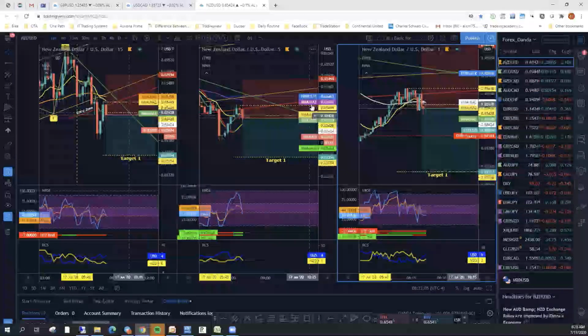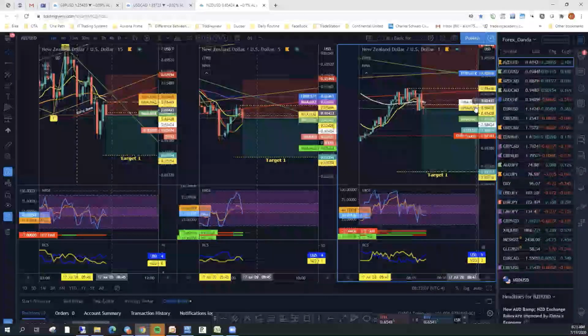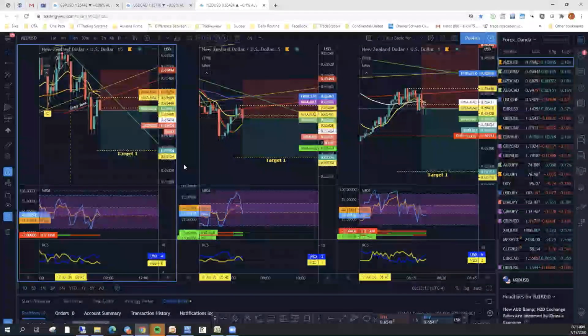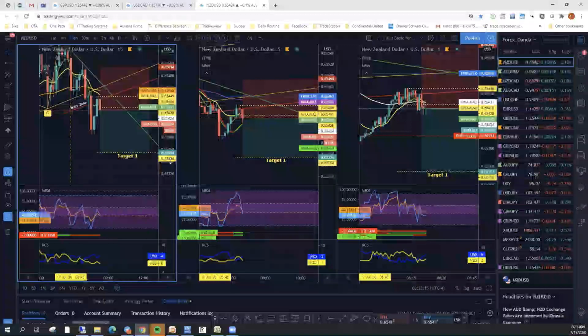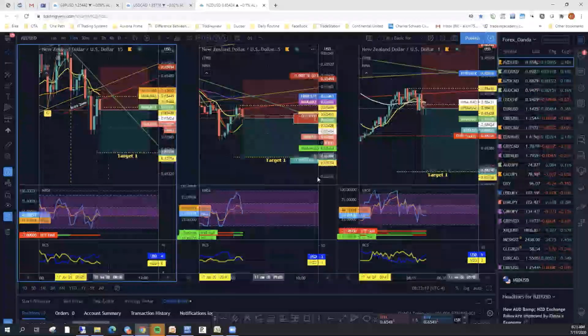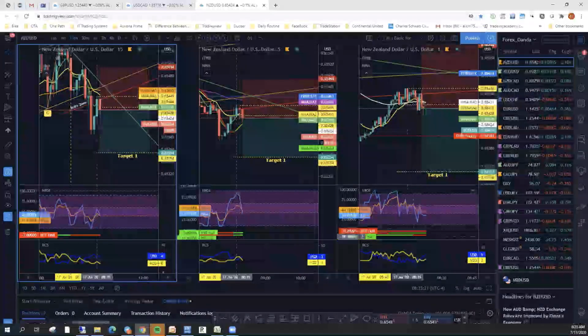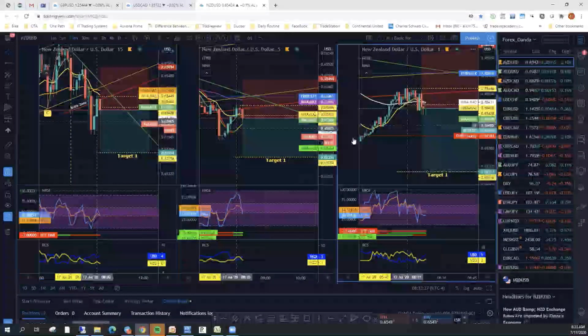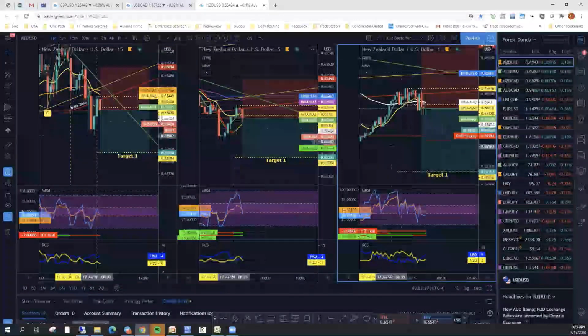We have a green, yellow, purple, and we have a white, yellow, green. All three time frames are in the same correct order for this thing to be going short. The whole moving average on the 15 and on the 1 are all in agreement to go short. This one's a little contrary.